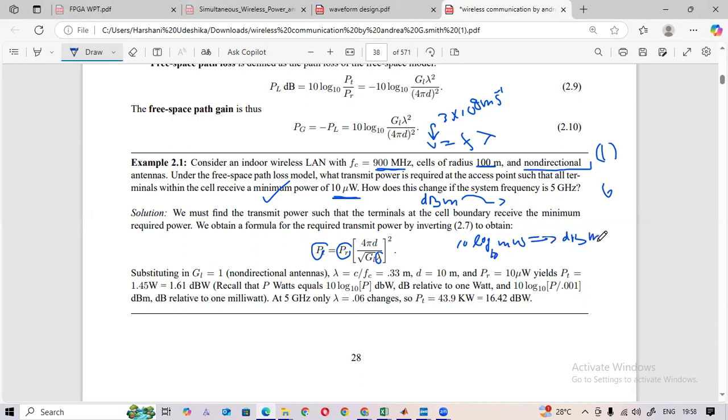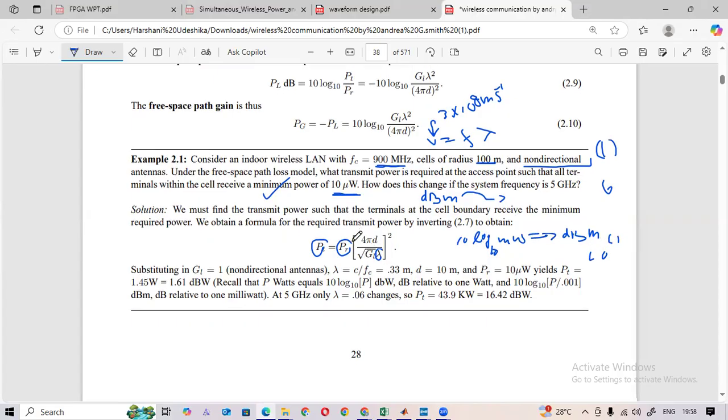So you need to get the inverse: divide the dBm value by 10, then take 10 to the power of this value. Then you will have the milliwatt value, and you can apply it here.